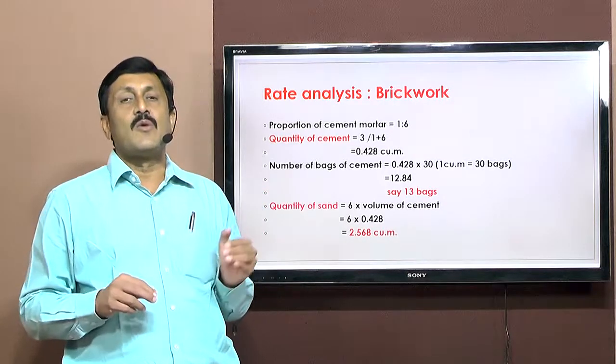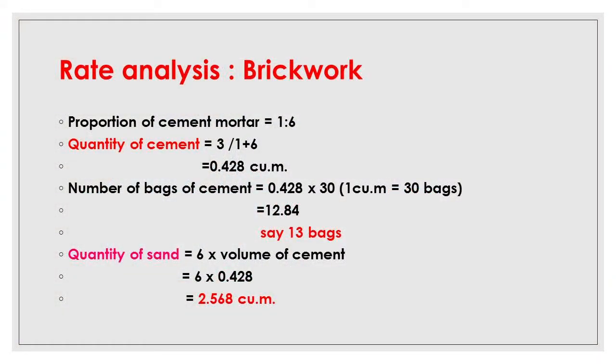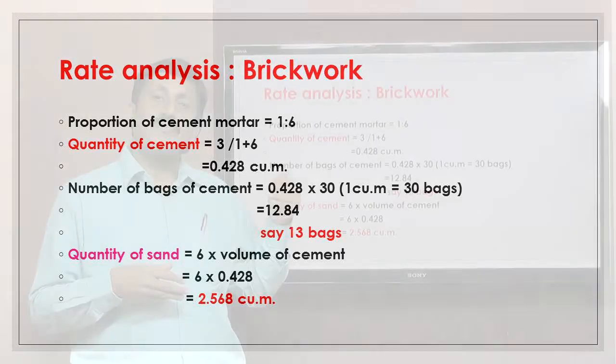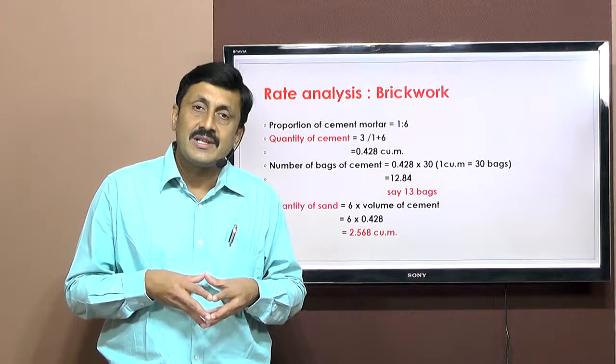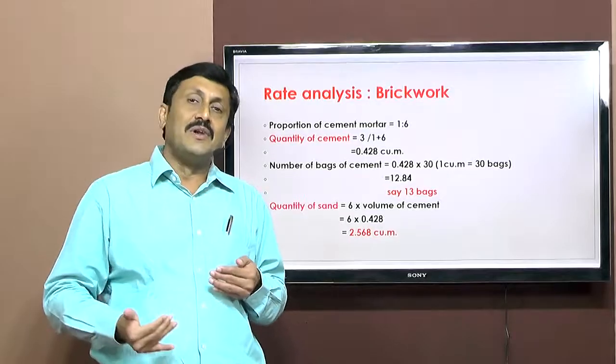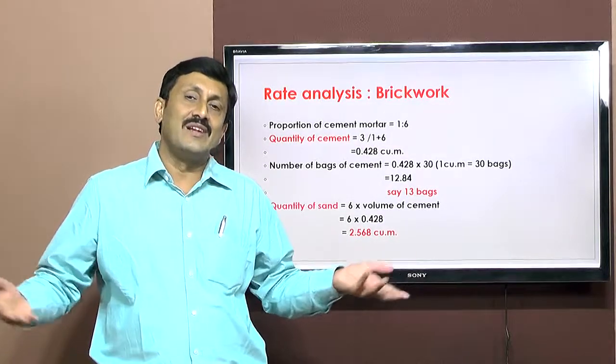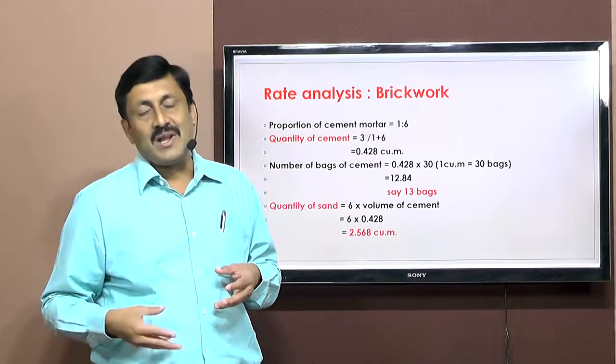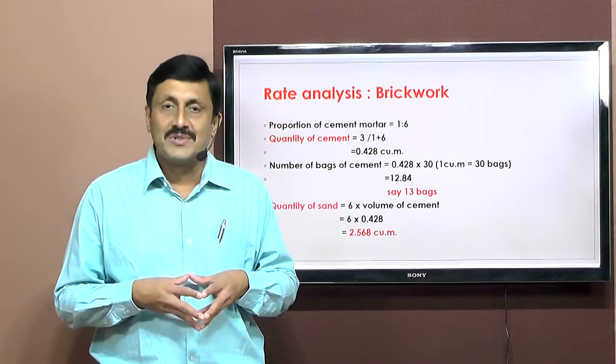So 3 divided by 1 plus 6 comes to 0.428 meter cube. So volume of cement is equal to 0.428 meter cube. Now if you go to the market, if you go to the supplier of cement and if you ask quantity of cement in this unit, that is 0.428 meter cube, definitely that shopkeeper will get confused.